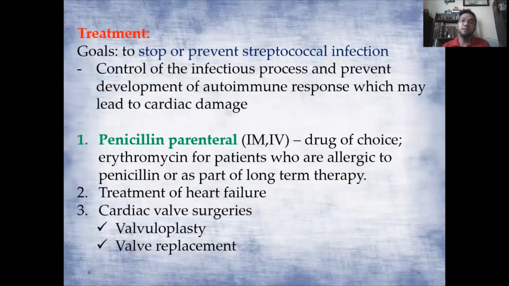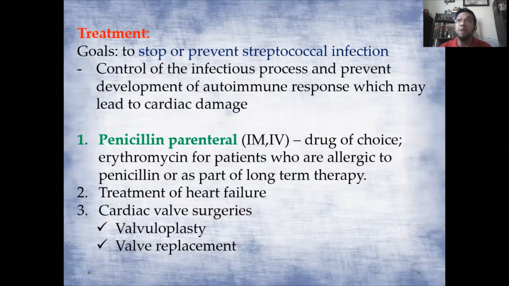So the treatment goal is to stop or to prevent the infection, of course, the streptococcal infection. So we need to control it. We need to prevent the patient from developing an autoimmune response that can lead later on to cardiac damage, like what I've explained earlier in our pathophysiology.